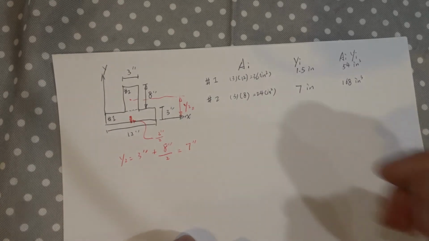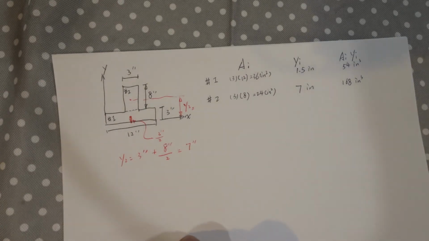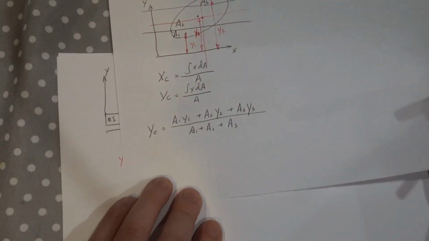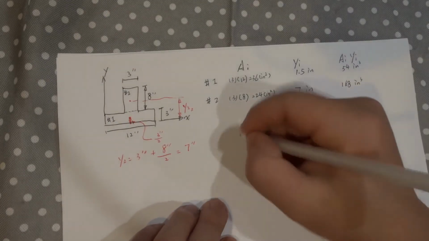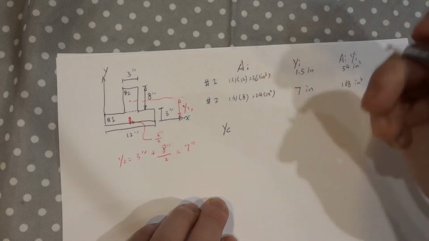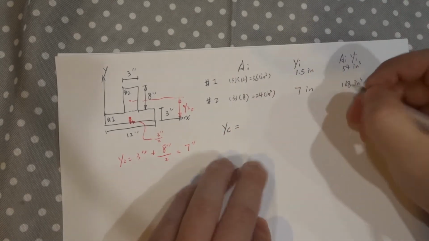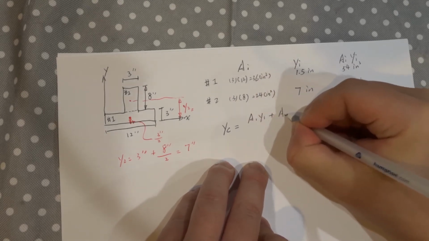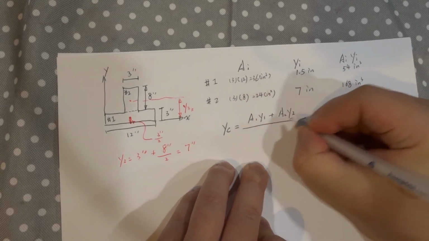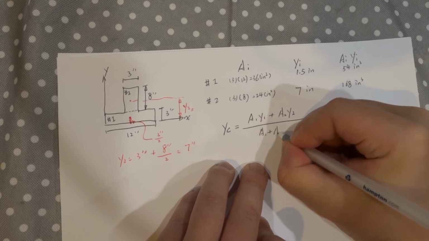Now let's run the equation again. We're going to use this general equation to calculate the y sub c of this T shape, which is A1 y1 plus A2 y2 divided by A1 plus A2.